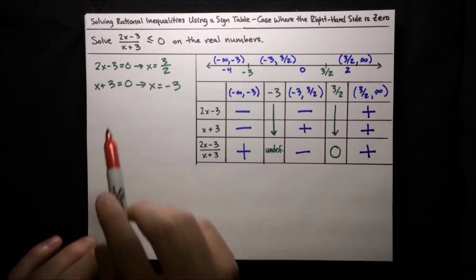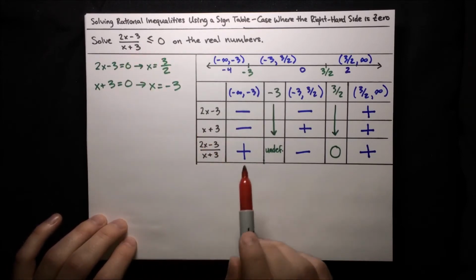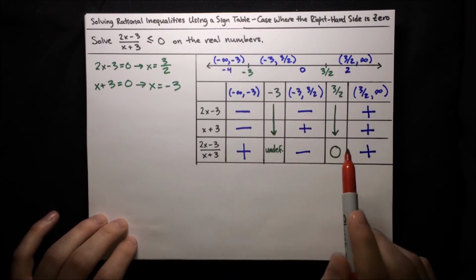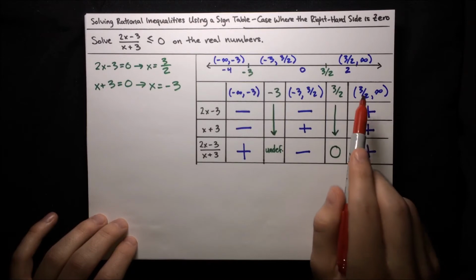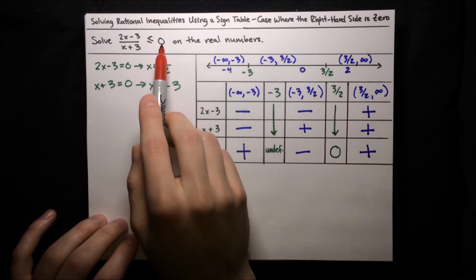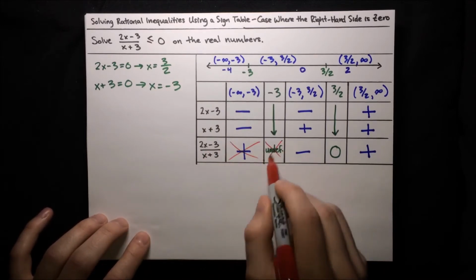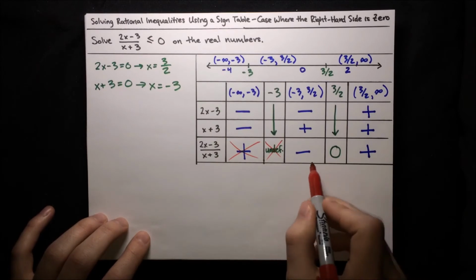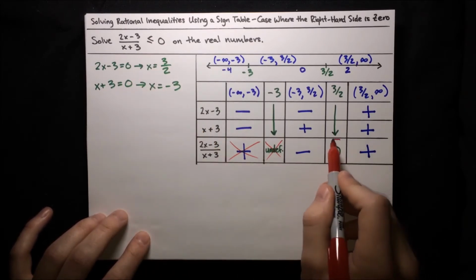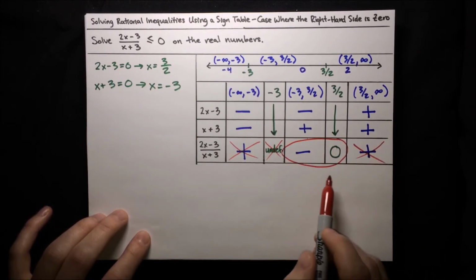We wanted to solve where this expression is less than or equal to 0, and we know that it's positive on the first interval, undefined at -3, negative on the middle interval, 0 at 3/2, and positive on 3/2 to infinity. Let's circle what matches up with less than or equal to 0. Positive is not what we want, undefined is not, but negative is less than or equal to 0, good, and 0 is less than or equal to 0, so these are good. Positive again, nope.